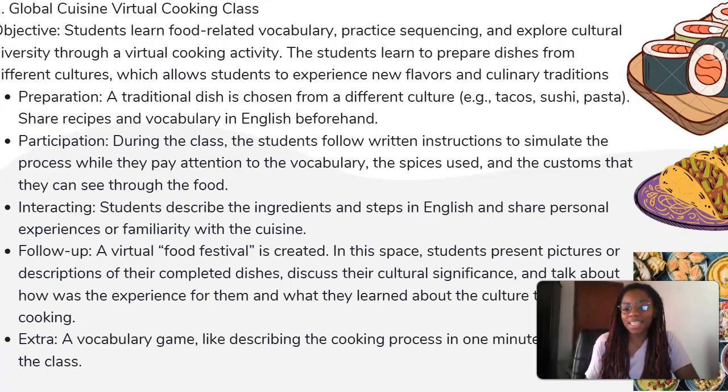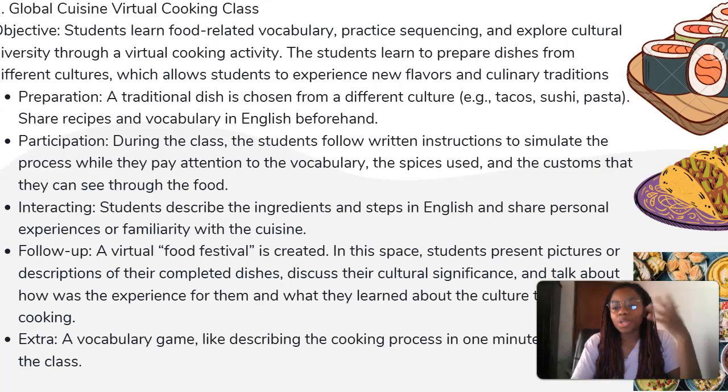The purpose is that in this space, the students can present pictures or descriptions of their completed dishes, if they've done it, because that's the purpose, that they can actually make the dishes, and discuss their cultural significance and talk about how the experience was, what they learned about the culture through the cooking, etc. And this is an extra little activity, a fun vocabulary game, and the students will have to describe the cooking process in 1 minute. It's like how I made this recipe, but as fast as I can.